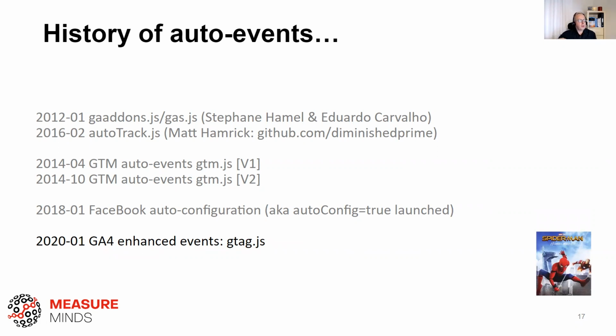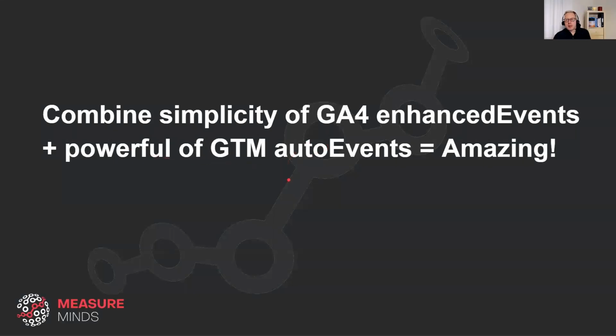But you'll notice that the timescales there, it's not something that was suddenly created, and Google have not been brilliantly quick updating or adding new features to auto events. So the community generally has moved a bit faster with these extensions and add-ons. But Google has the advantage of making it very simple to enable, and enable at scale.